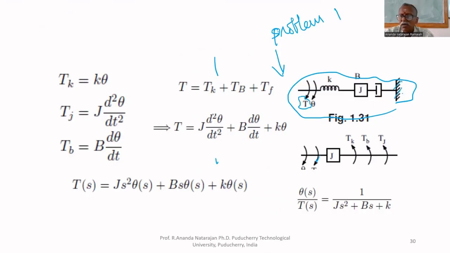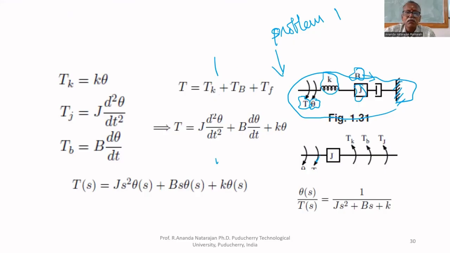One end is fixed. Torque applied is T. The displacement is theta, at one end only; the other end is fixed. The spring constant is K. Dashpot constant is B. The moment of inertia is J.